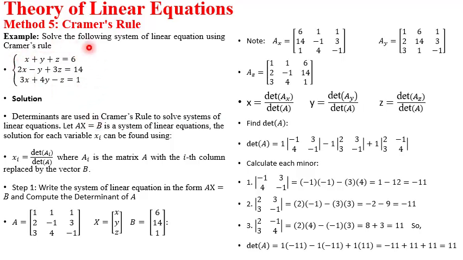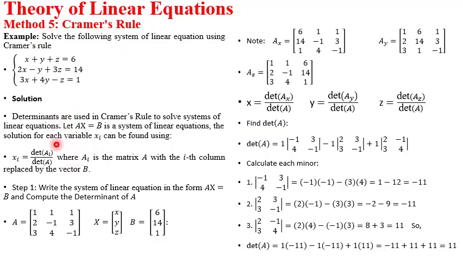Earlier, this system of linear equation had been solved using matrix inversion method, substitution method, elimination method, as well as Gaussian elimination method. So this time around, we'll be using Cramer's rule.